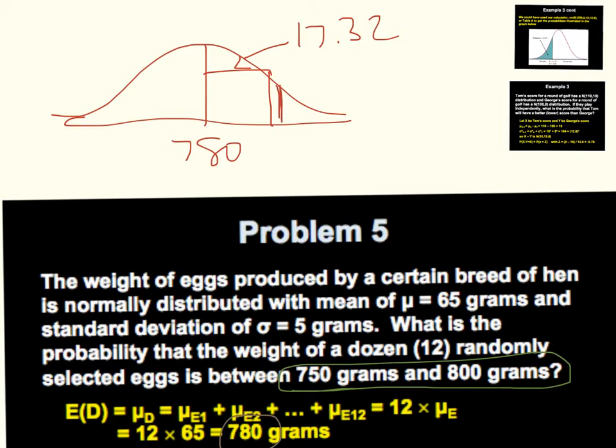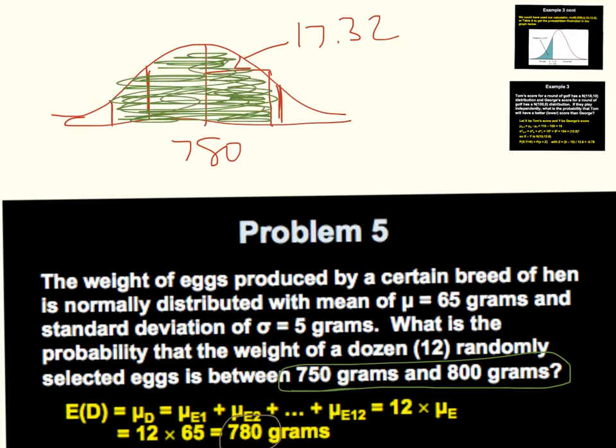And 750 is going to be noticeably below one standard deviation. And I'm going to shade in my area that I'm trying to find, and I see that it's a fairly large area. So I should end up with a fairly big probability here. And then I'm going to go to normal CDF right now. I don't feel like messing around with getting the z-scores.